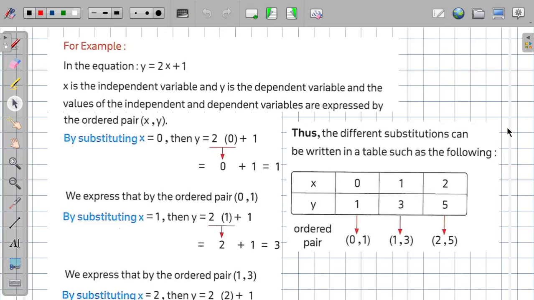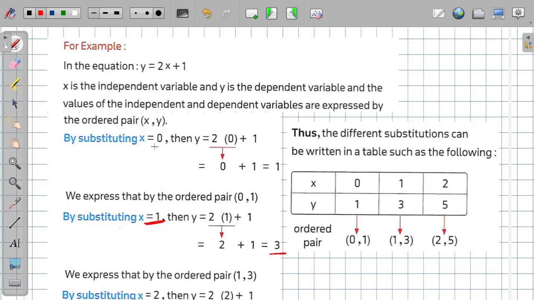The second ordered pair here: we can substitute x with 1. So if I multiply 2 by 1 and then add 1, I get 3. So the second ordered pair here is 1 and 3.